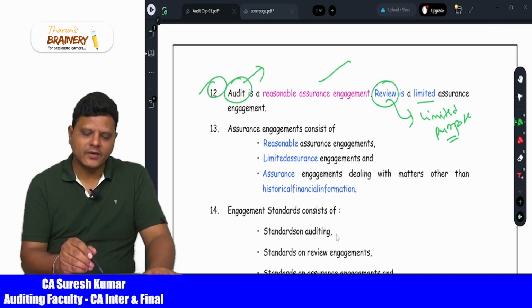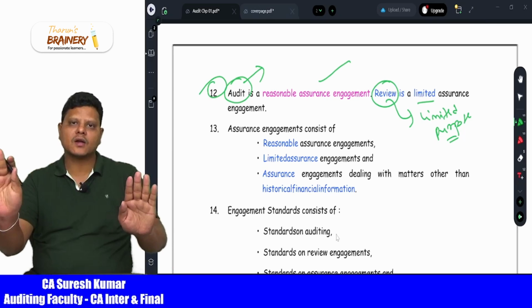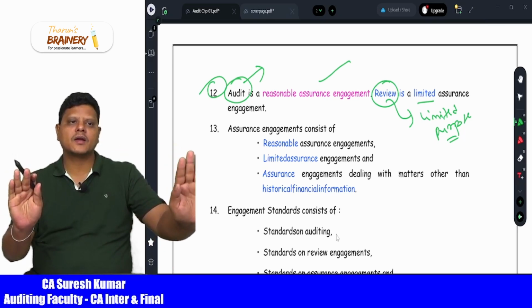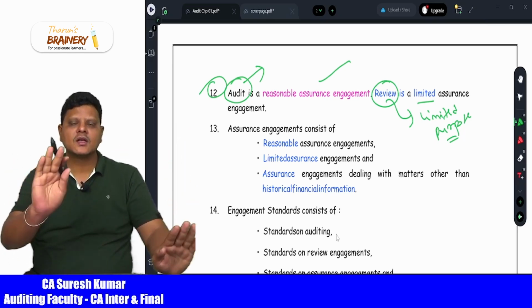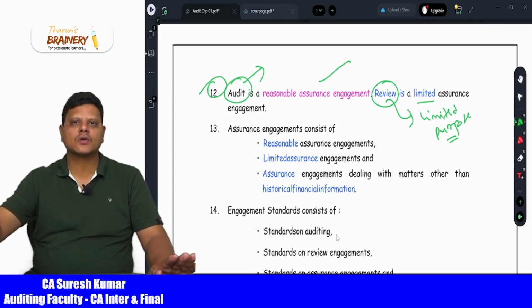Now the 12th point very clearly says for examination, audit is different, review is different. Audit means systematic and independent examination which provides reasonable assurance. Review means limited review for the specific purpose which will give lower assurance.